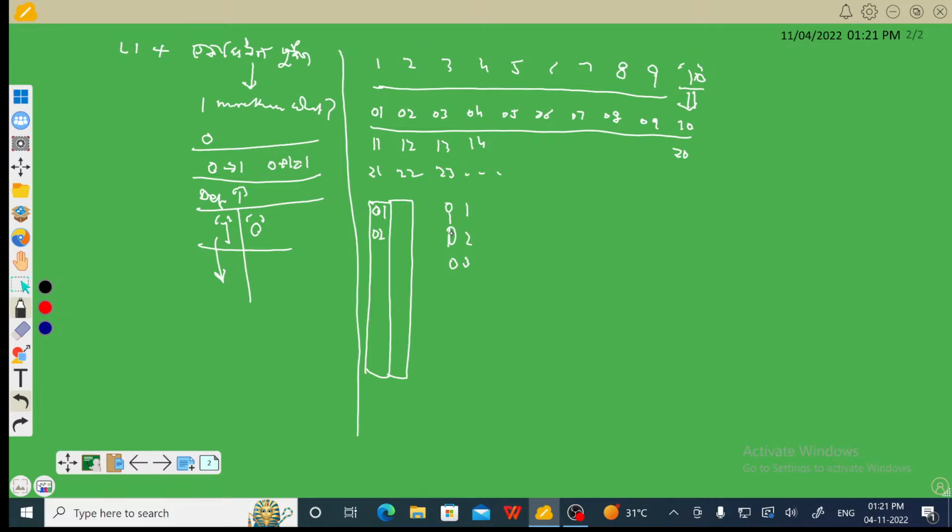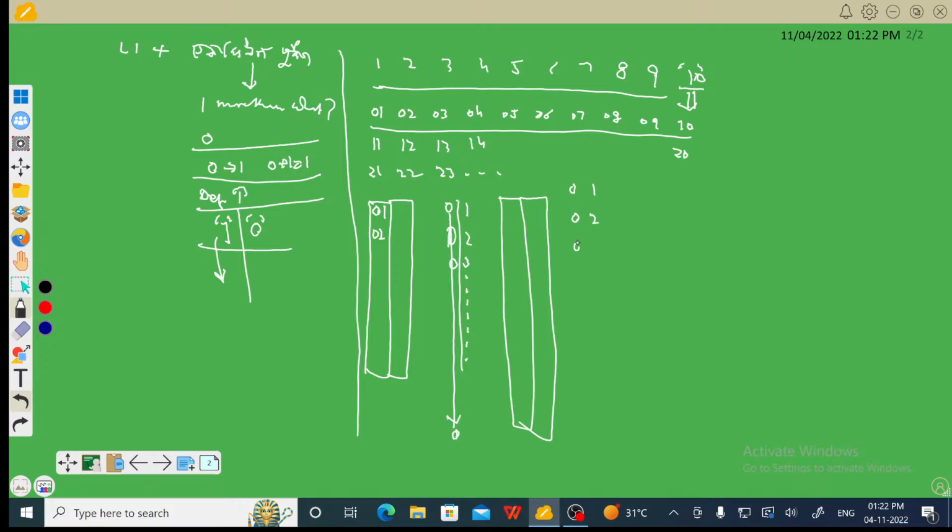When we say the pair of columns, we say 0 and 1, 0 and 2, 0 and 3, meaning in the first column the value remains constant.